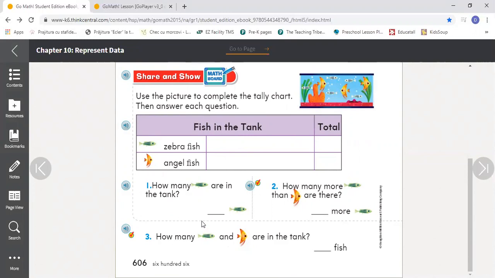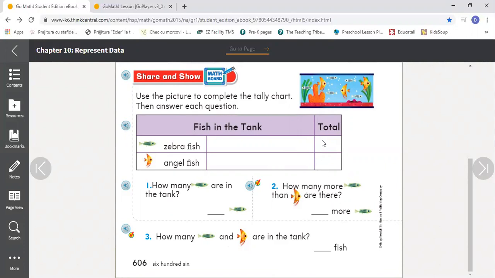Let's try to answer the questions. How many zebra fish are in the tank? So how many were there? 5. Yes, indeed. How many more zebra fish than angel fish are there? Pay attention here.